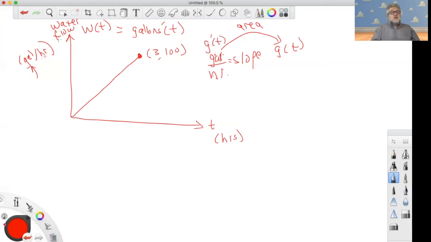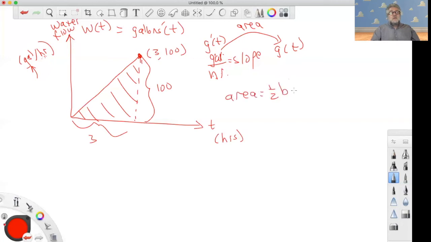And this thing is my derivative. So if I want to find the gallons, I can find the area underneath the curve. Fortunately, this looks like a triangle, and I can do area is 1/2 base times height.